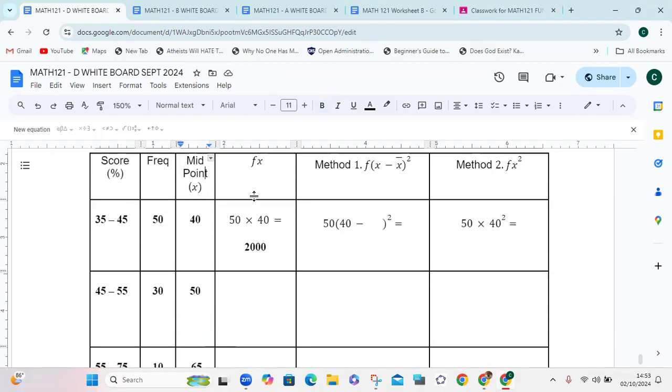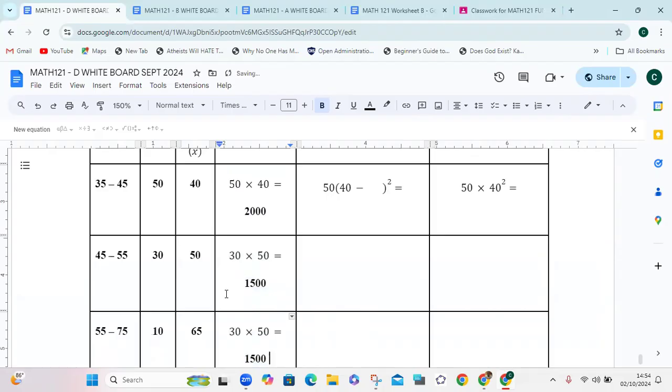So now we can find fx, which is the frequency times the midpoint. The first one was done already. 50 times 40 is 2,000. We have to find what is 30 times 50. fx, 30 times 50, that's how much? That's 1,500. Next, we have to find 10 times 65.